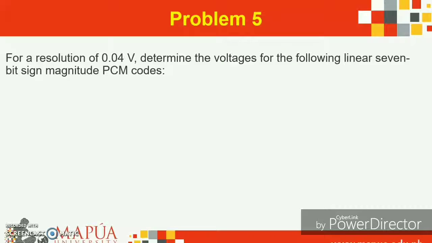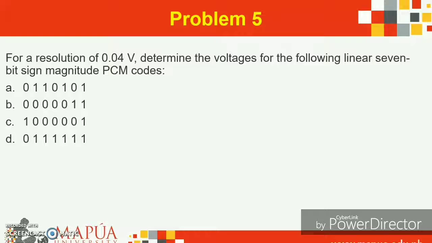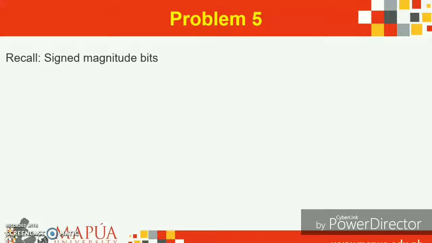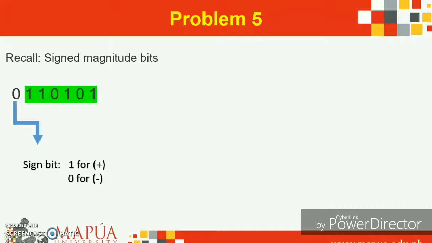For problem number 5, for a resolution of 0.04 volts, determine the voltage for the following linear 7-bit sign magnitude PCM codes. So these are the given sign magnitude PCM codes. So recall that in sign magnitude bits, the leftmost bit is what we call the sign bit. By convention, we use 1 for positive and 0 for negative.